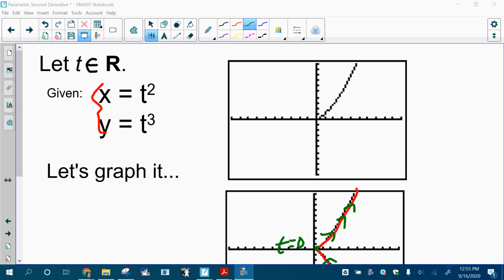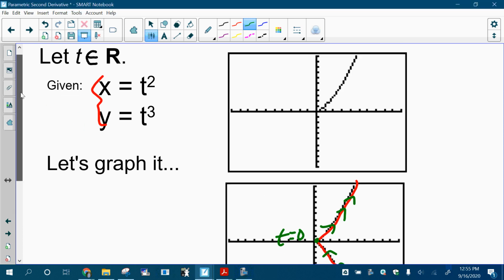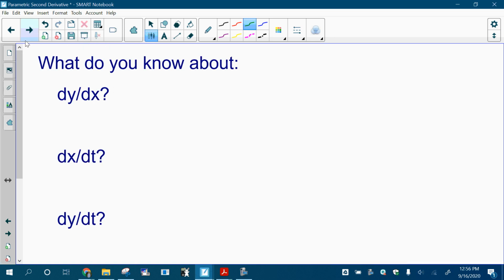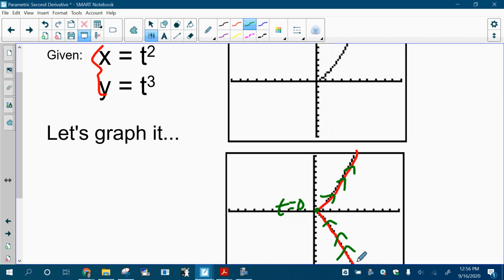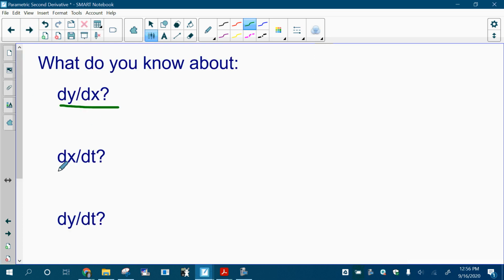We're going to use this graph as our example when we think about the second derivative of a parametric. First off, just looking at this graph, I want you to think for a second about what you know about dy dx, dx dt, and dy dt. Lemke talked about the difference between these. We practiced with it.